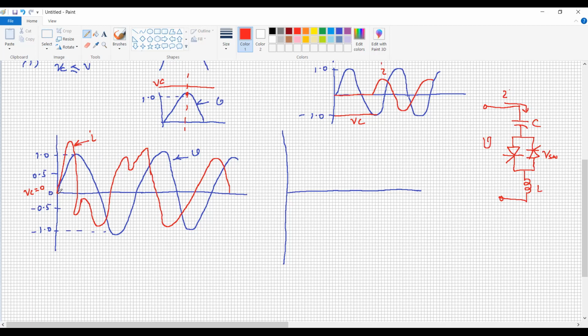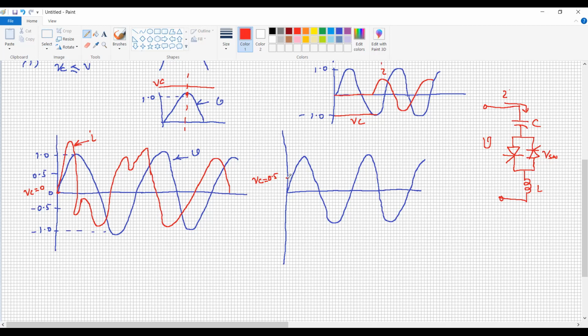So it means that when the capacitor voltage is 0, it will produce a large transient in the system. Whereas if at the same system voltage, the previous voltage across the capacitor is 0.5 pu, VC is equal to 0.5 pu, say somewhere here, under such a condition the current in the system is smaller.